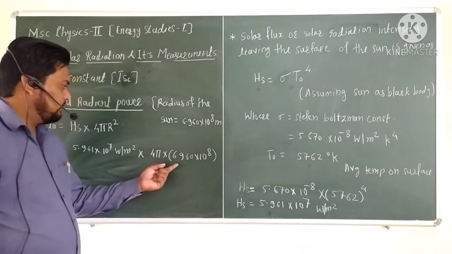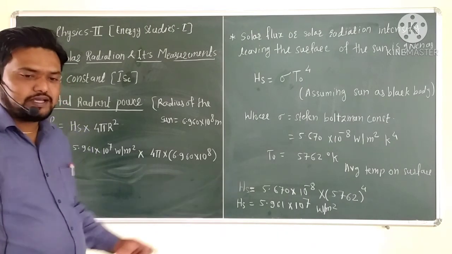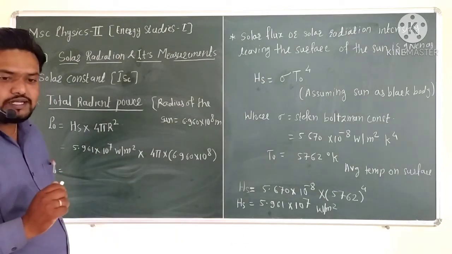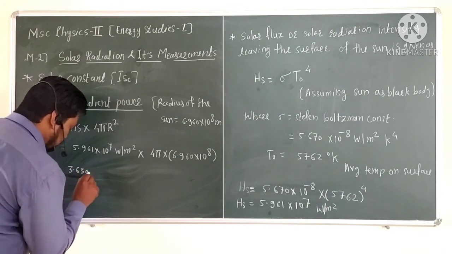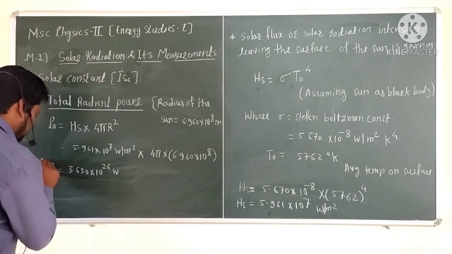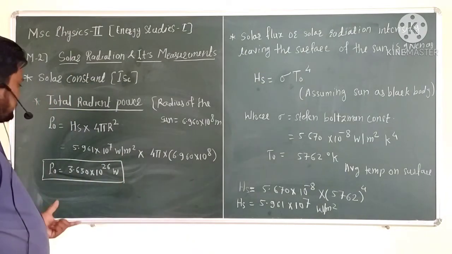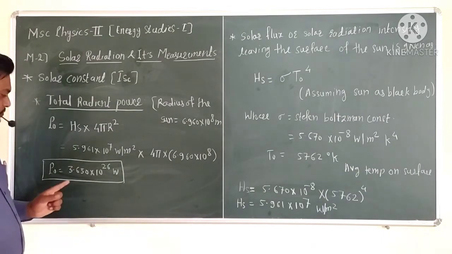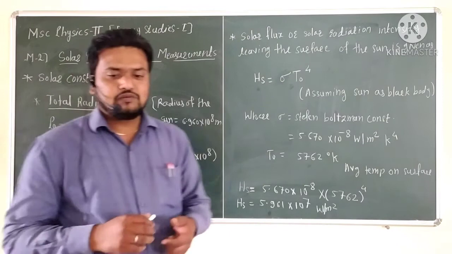And when this value is put here, the roughly calculated result is P naught equal to 3.630 into 10 to the power 26 watt. So that is the power unit, watt. This total radiant energy in terms of power, the total radiant power, is calculated here as P naught equal to 3.630 into 10 to the power 26 watt.